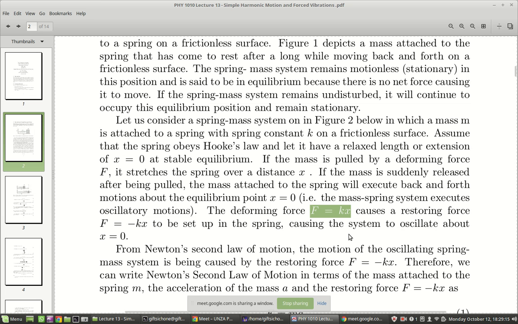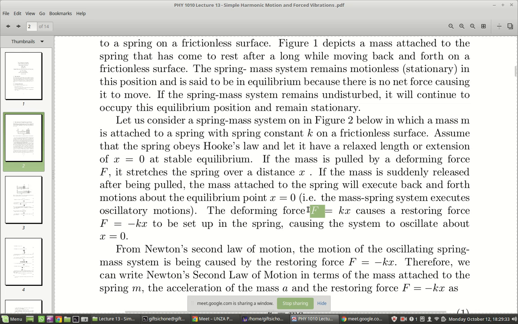The spring constant, which is a property of the spring, times the extension which the spring undergoes, the product of the spring constant and the extension, will be equal to the force which you have applied.